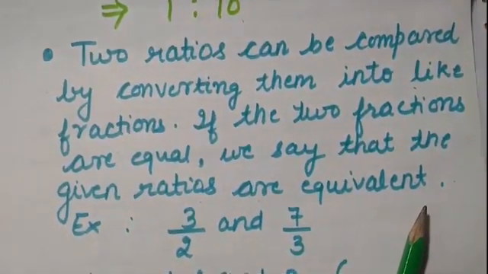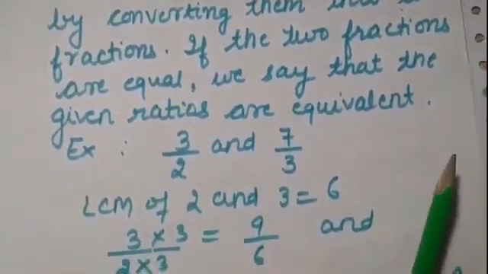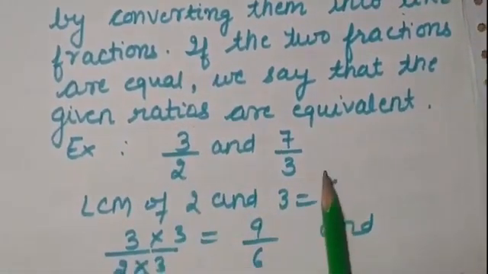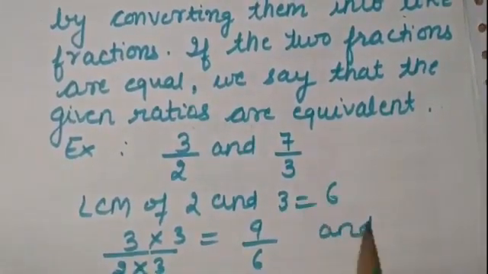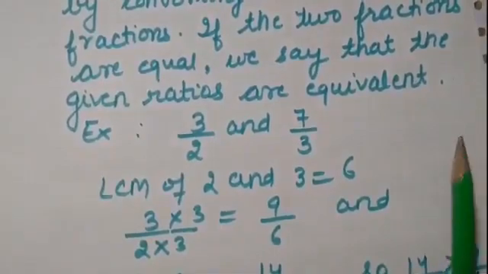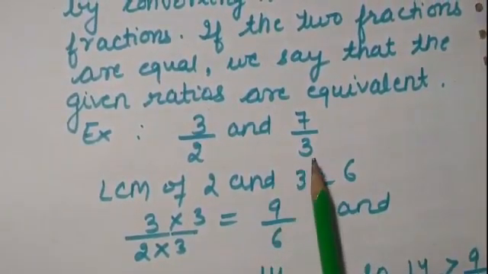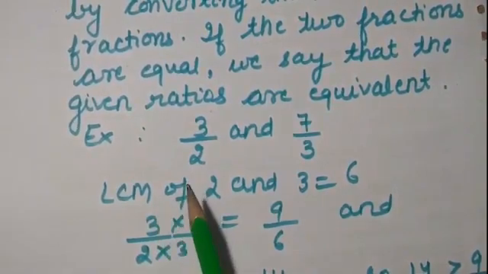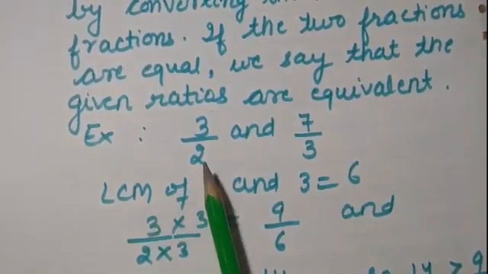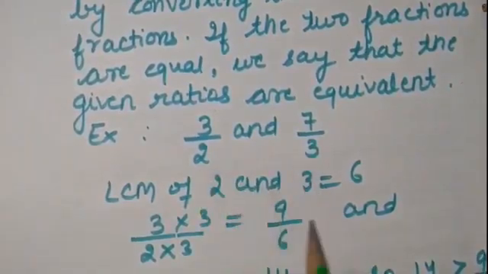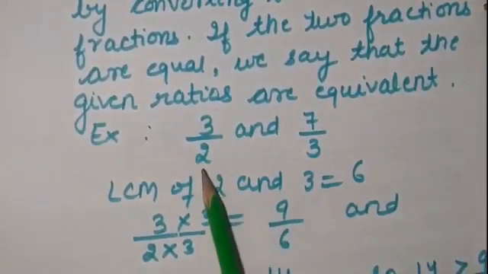So let us consider an example. We have two ratios given, 3/2 and 7/3. First I have to convert them into like fractions, which means I have to make their denominators the same. For that I will first take the LCM of the denominators of the given fractions.